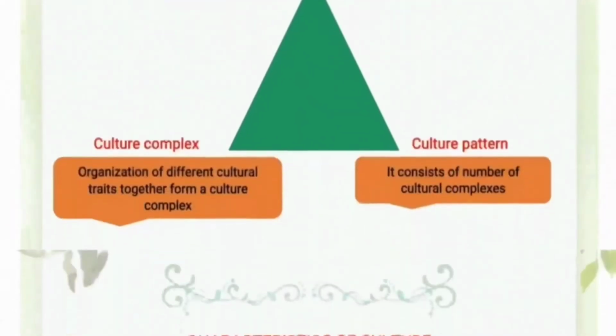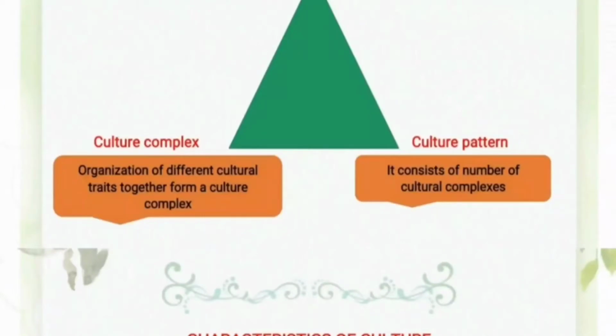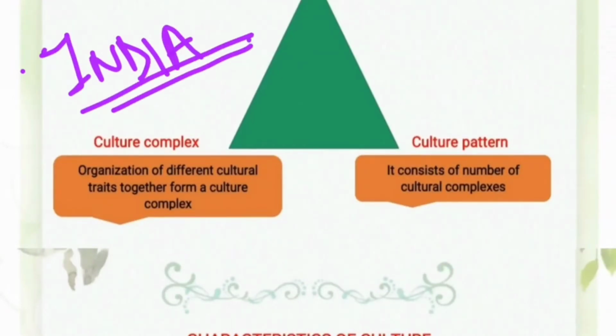Moving forward to the culture complex. The culture complex is simply the organization of the different cultural traits together. When we organize the different cultural traits together, they form a complex. For instance, we can say the different religions they have. For example, we take an example of India. Is India a culture complex? The answer to this is yes.